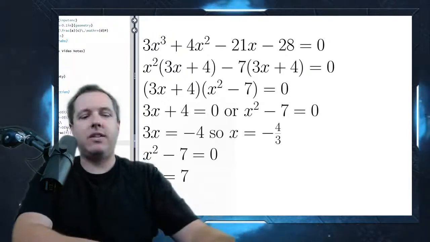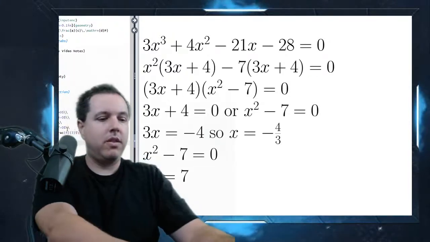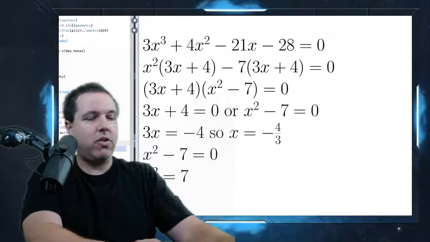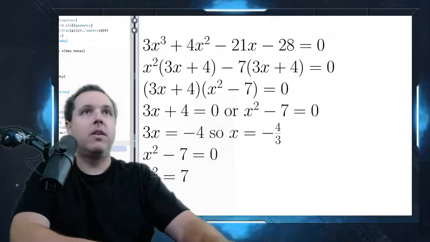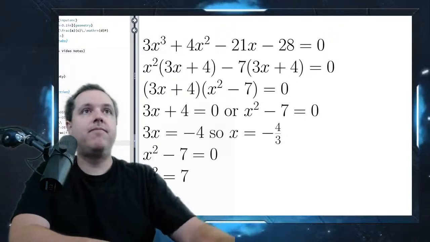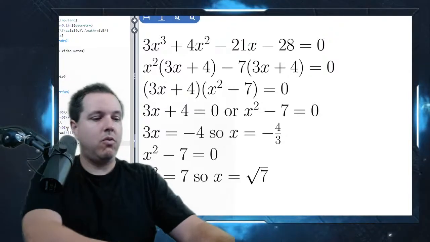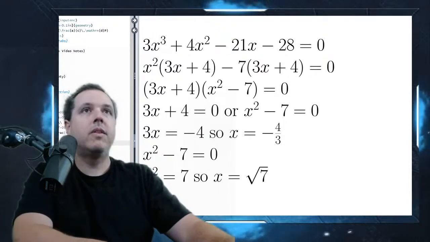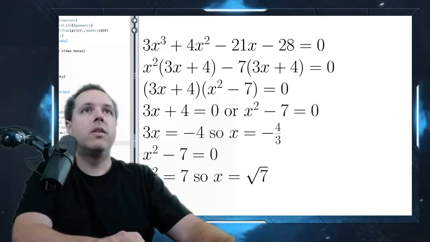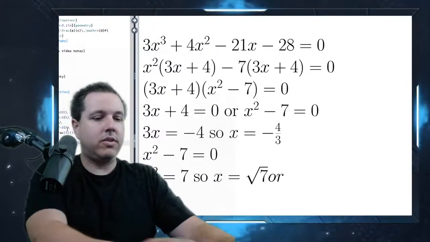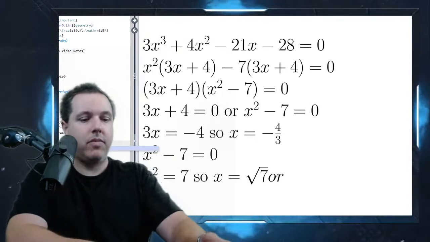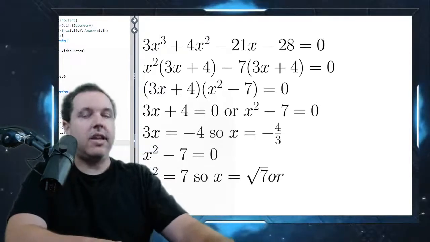Therefore, this tells us that one of our answers is x equals the square root of 7, or x equals negative square root of 7.